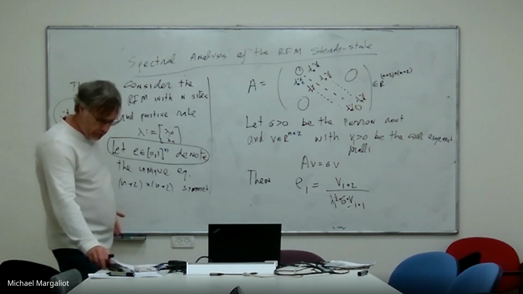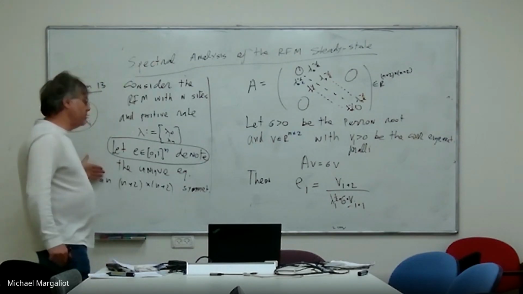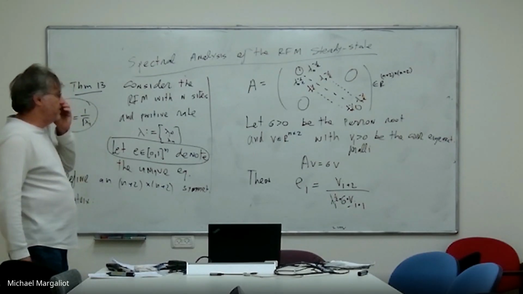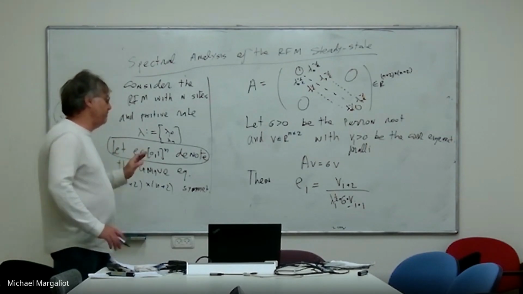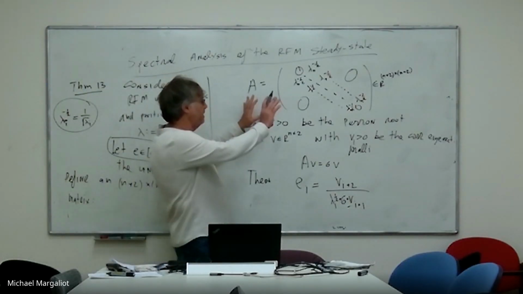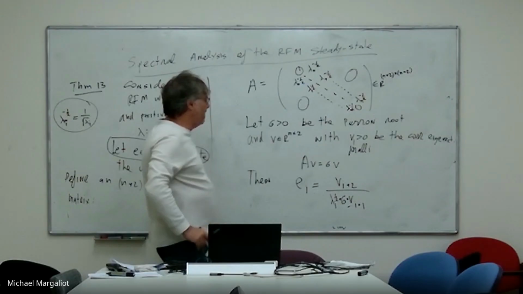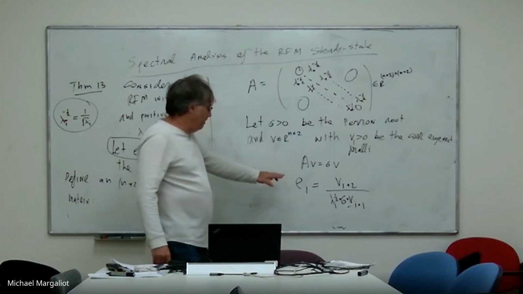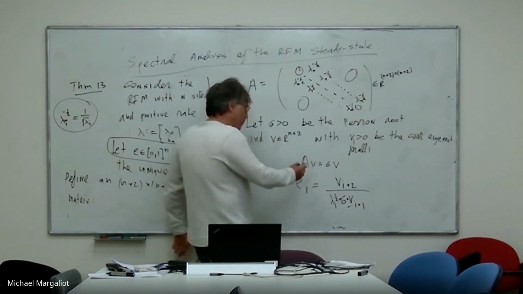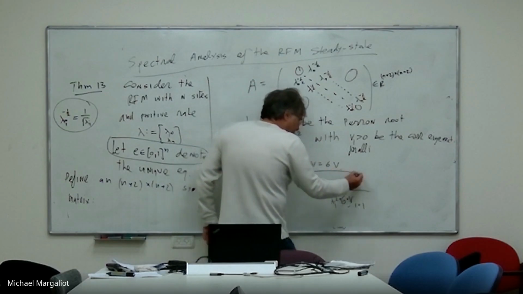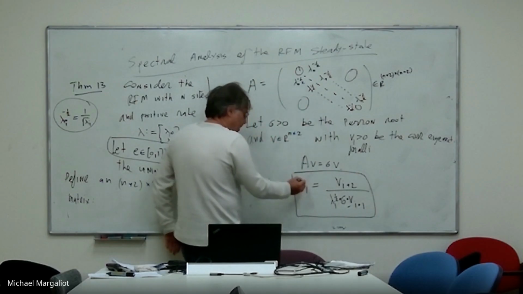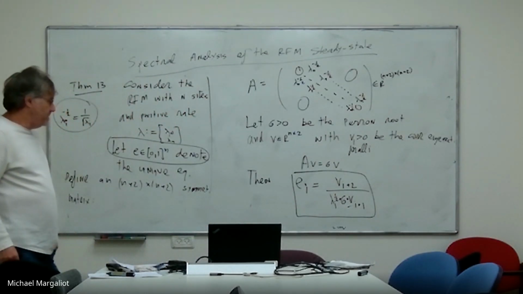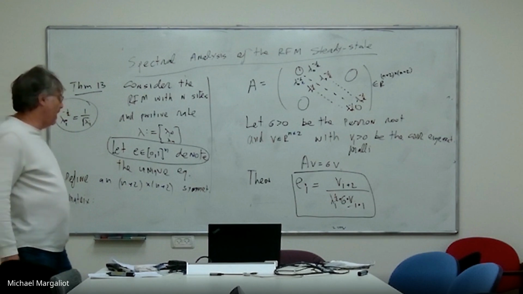What is the connection at all between the equations e_i for the RFM? In this dynamical system, we converge to e_i, and here we have something entirely different. We take a matrix, we plug in all the lambda_i's, we compute the Perron root and the Perron eigenvector, and then from this Perron root and Perron eigenvector, we claim that we can get every value of the steady state e_i in the RFM.